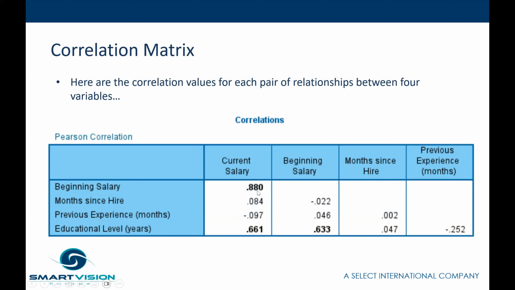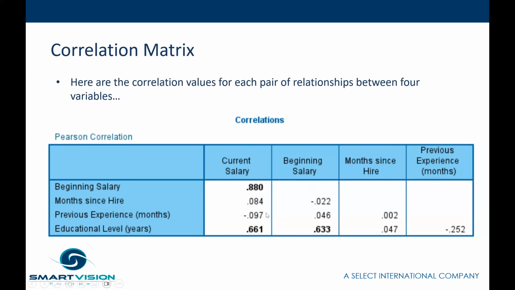There is a strong relationship between people's beginning salary, 0.88, quite close to 1, and current salary. There is a weaker relationship between people's education level and their current salary, but it's basically saying the more years of education you have, the higher the current salary. It's also quite strong here, education level against beginning salary, 0.633.